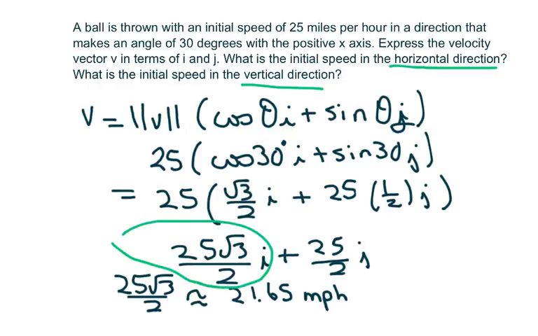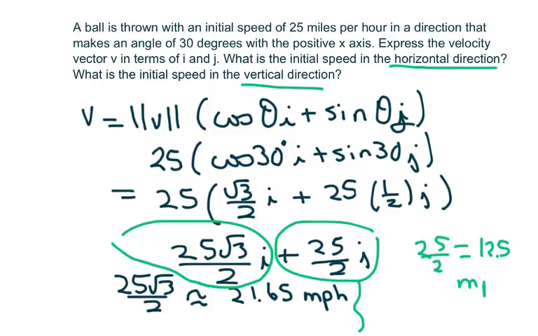That's this part. And for this part, 25 over 2 equals approximately 12.5 miles per hour. So that's basically how easy it is.